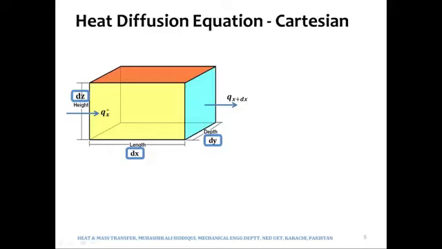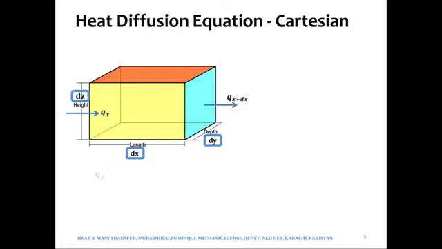So this is Q suffix x, and over here we have x plus dx in the suffix of Q. Qx comes in and flows over a length of dx, therefore Qx plus dx is the amount of heat that will flow out of this control volume.